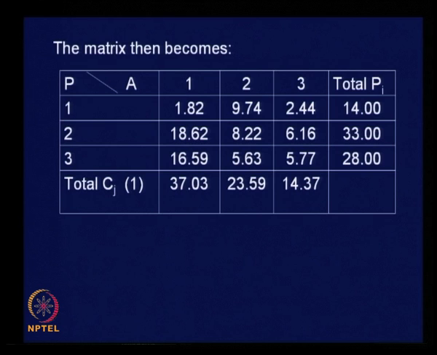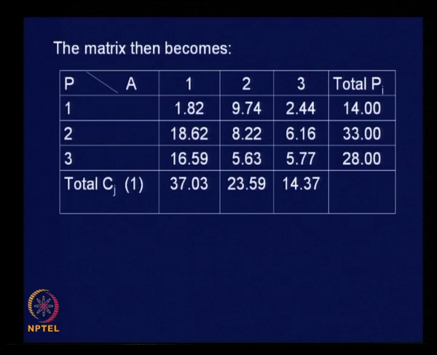If you look at the sum of the cell values along rows, you get the numbers 14, 33 and 28, the trip production values for zones 1, 2, 3 respectively. These are the actual values given to us initially when we started applying the gravity model.